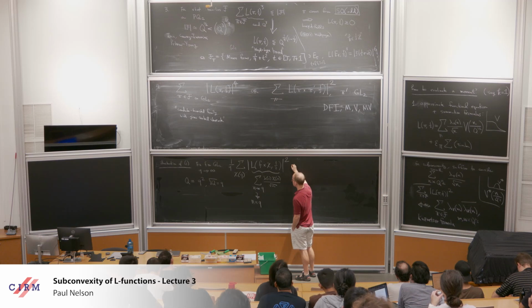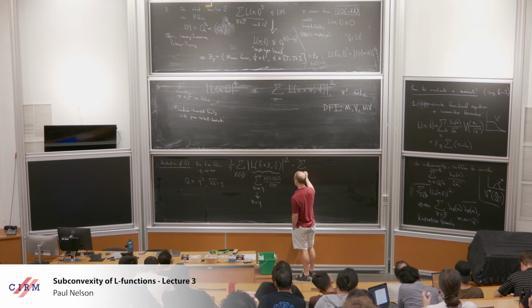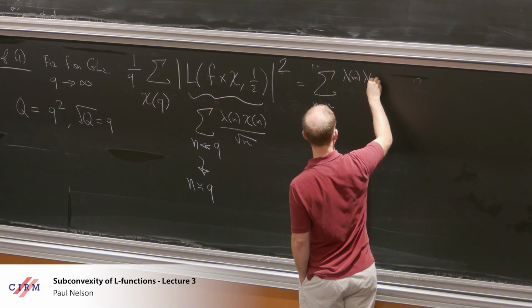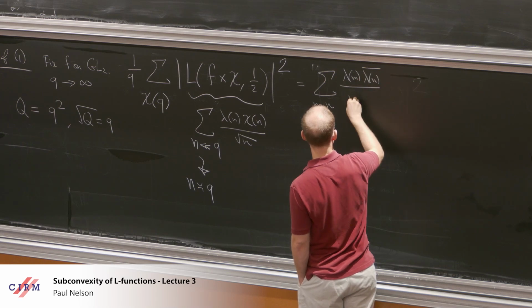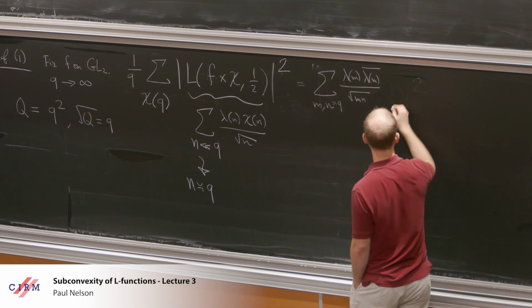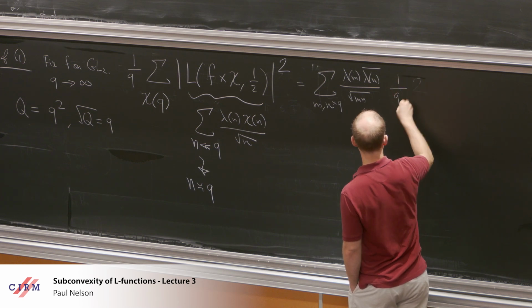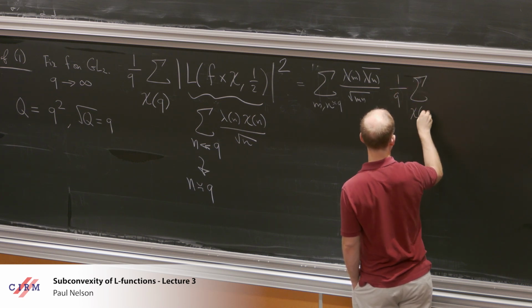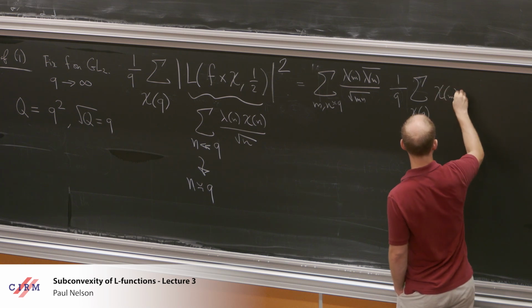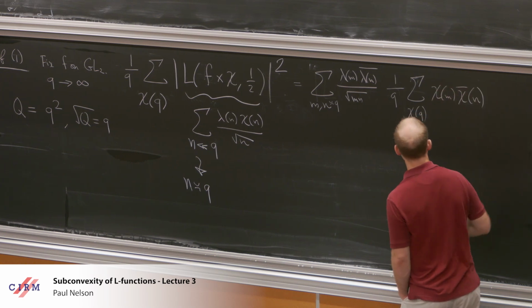It becomes a sum over m and n of λ(m) λ(n) bar over the square root of mn, where m and n are both of size q, and then an average over χ modulo q of χ(m) χ bar(n).